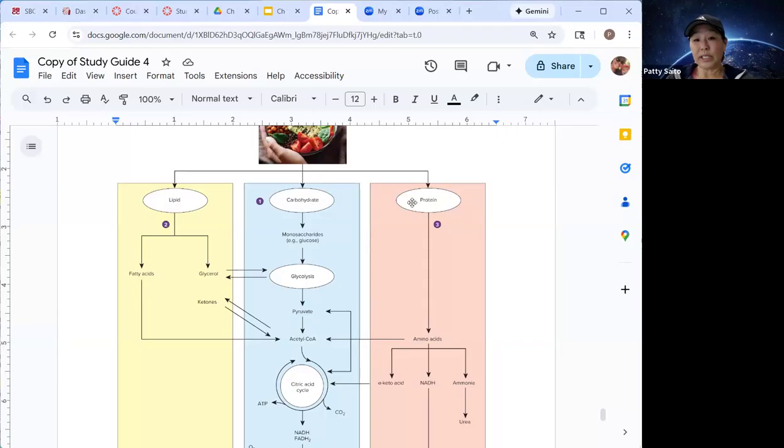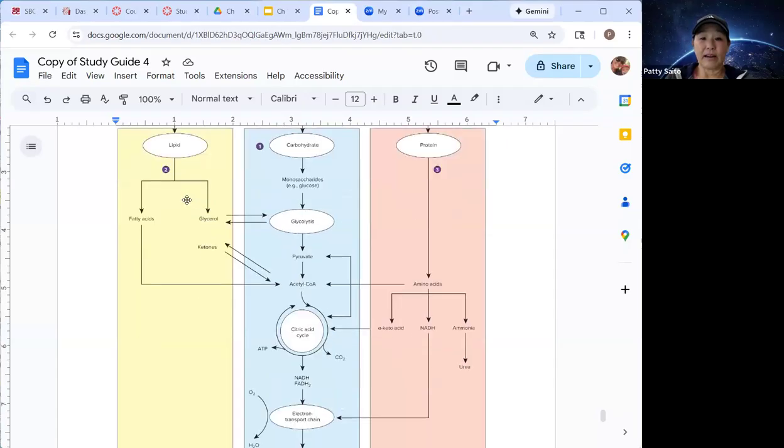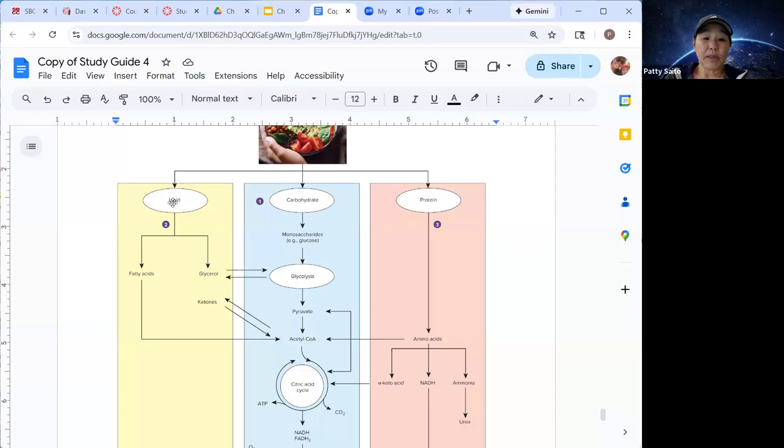Well, we switch to different pathways, but there are byproducts from using those other pathways, either protein or lipids, right? So, for example, let's take a look here.